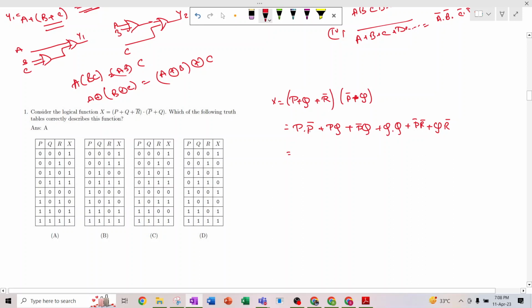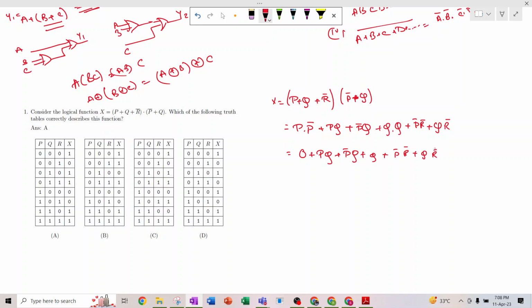Now we know p into p bar becomes 0, plus pq plus p bar q; q multiplied with q becomes only q, and then p bar r bar, and then q into r bar.